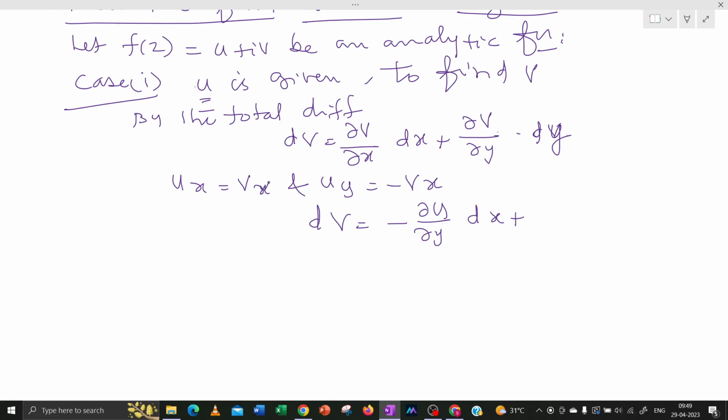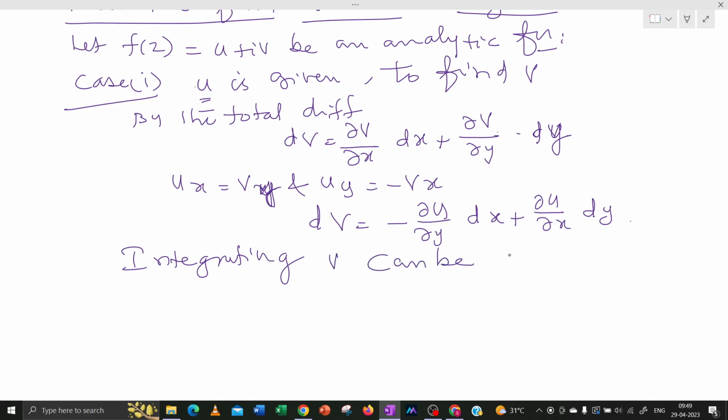Ux equal to vy, not vx, vy. So vy can be written as ux, that is dou u by dou x dy. So if you integrate both sides, v can be obtained.